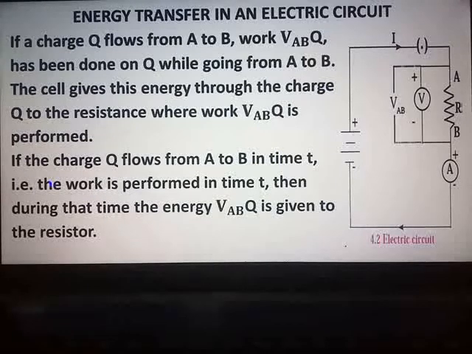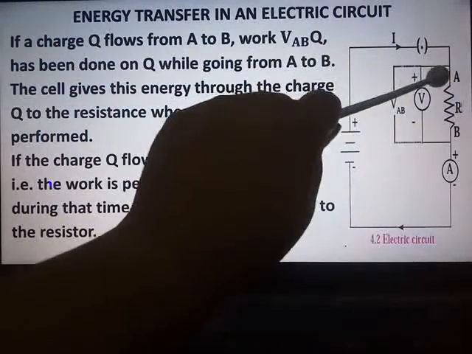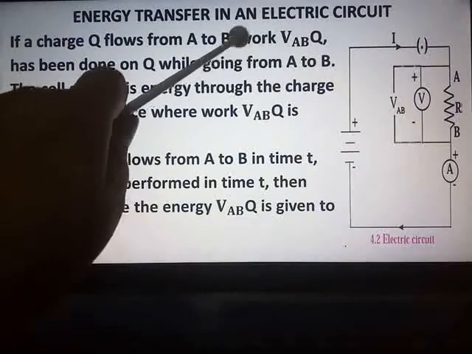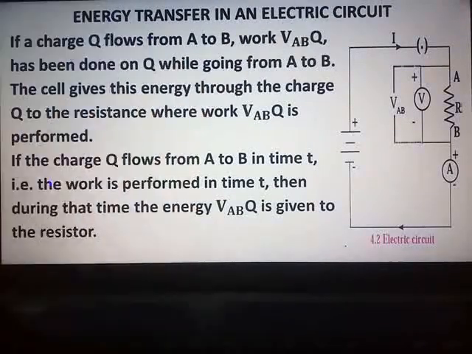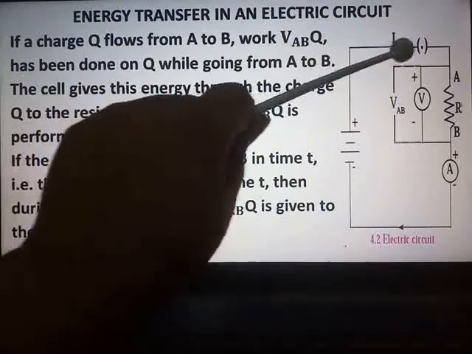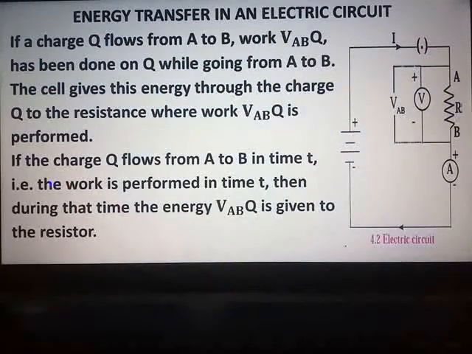Now you know that a current is generated when a charge flows from one point to another. So if a charge Q flows from point A to point B, work is done. Work is equal to potential difference multiplied by charge, that is V multiplied by Q. It has been done on Q while going from point A to point B. The cell gives this energy through the charge.